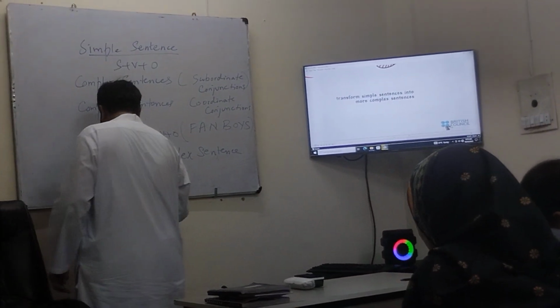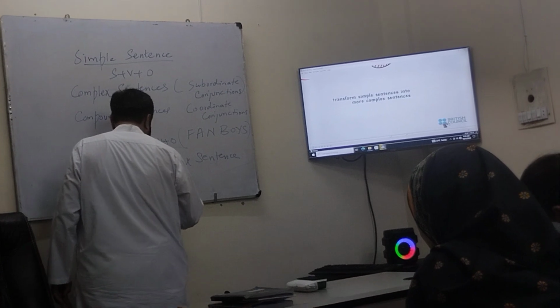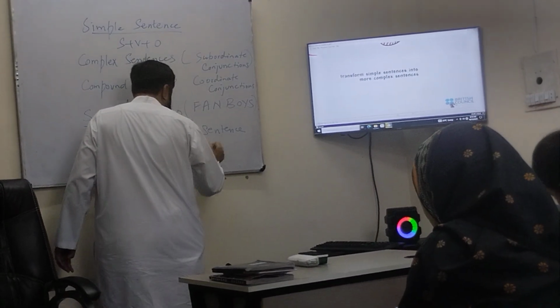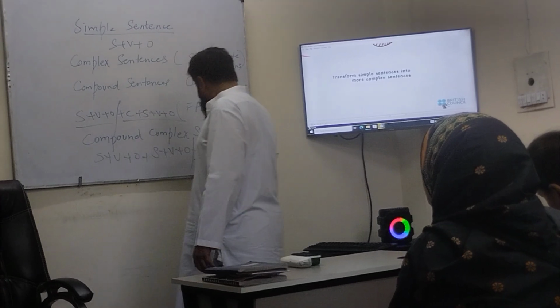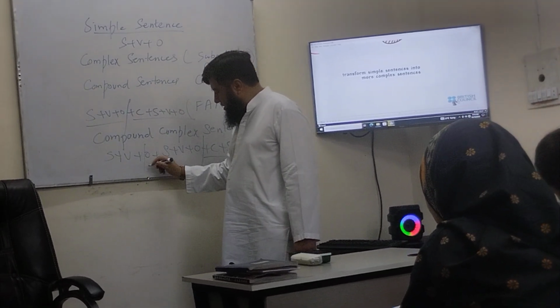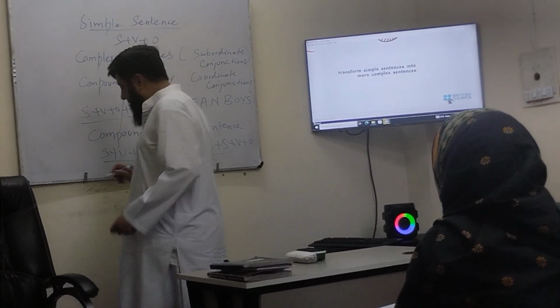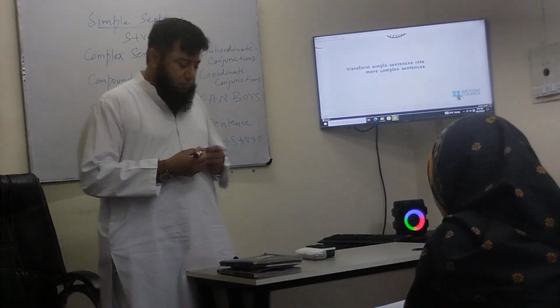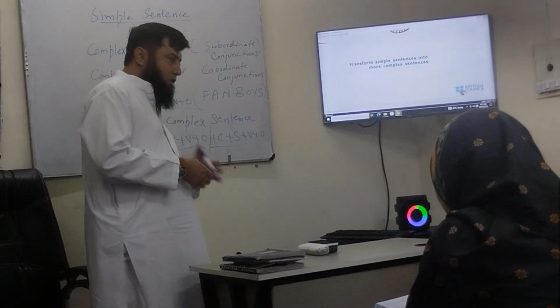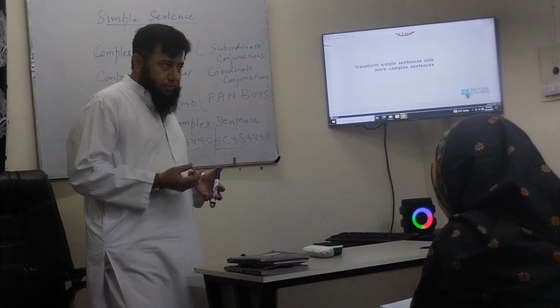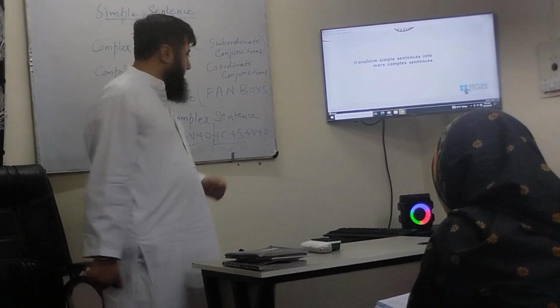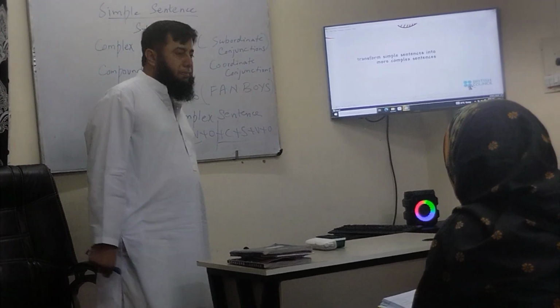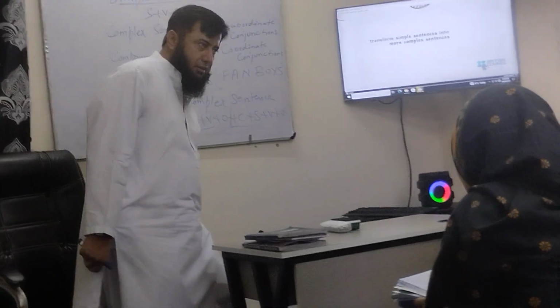So the formula would be three clauses: SVO, SVO, CSVO. There can be more conjunctions as well, but two clauses are independent because we use a coordinate conjunction, and one clause is dependent because a subordinate conjunction is used. So this is the formula for a compound complex sentence. Understand?